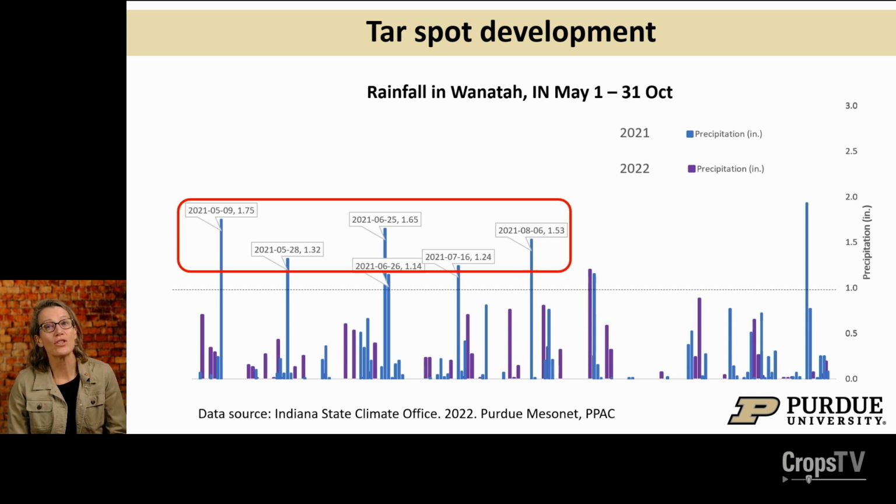What you'll notice in 2021 is that there were several days during the growing season when that location received over 1 inch of precipitation. That really helped to drive that disease in 2021 compared to 2022, where Darcy didn't see the disease come in until the end of September.